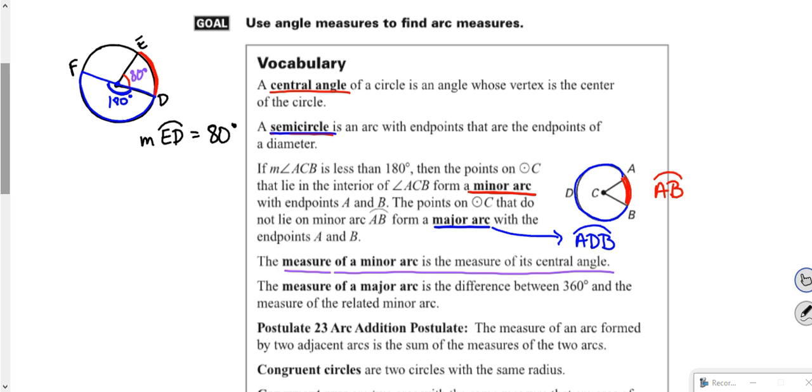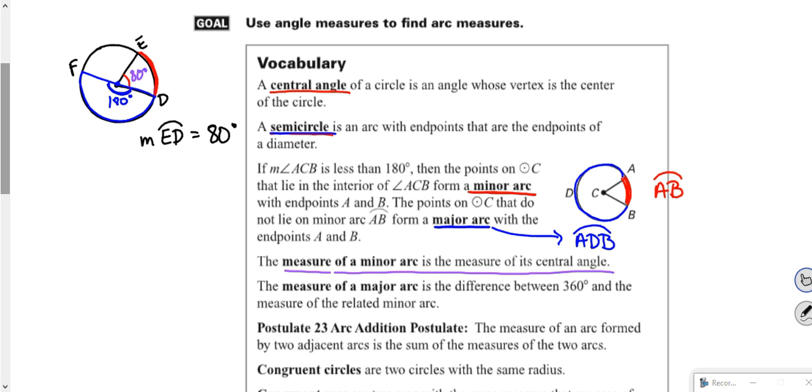The measure of the arc is the same as the measure of the central angle. And I don't really like this definition, but it says the measure of a major arc is the difference between 360 and the measure of the related minor arc. I don't know why they can't just say it's the measure of the other angle, but whatever.